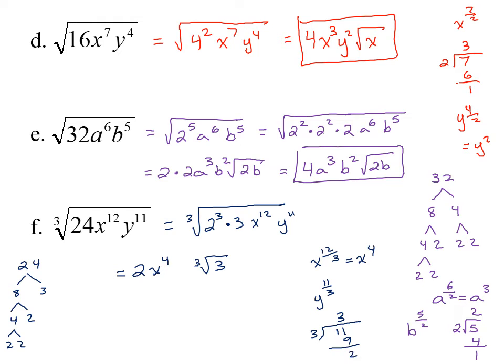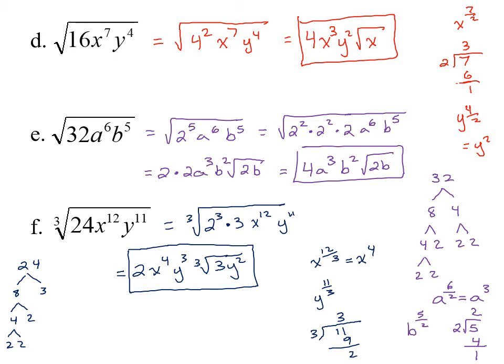Gives you a remainder of 2. So the 3 that went in evenly comes out in front. The 2 stays left over underneath the radical. And we're left with 2x to the 4th y cubed times the cube root of 3y squared.